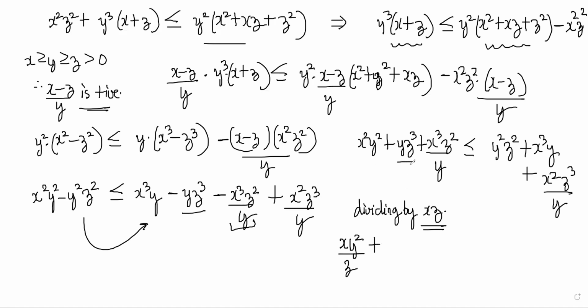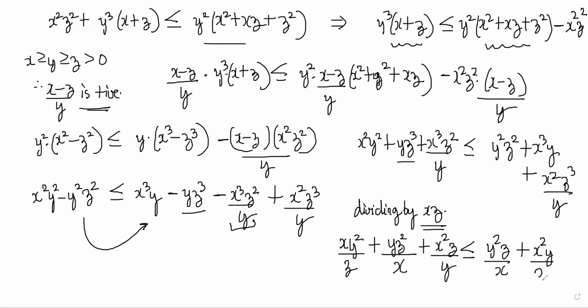Plus xz here. So this becomes y z square by x plus xz here to become x square z by y is less than or equal to, dividing by xz here, I get y square z by x plus x square y by z plus x z square by y, right? Correct. So I have this inequality that I have gotten so far, right?